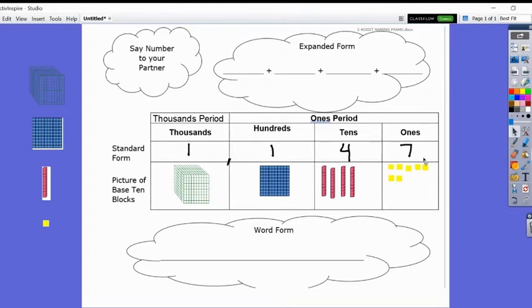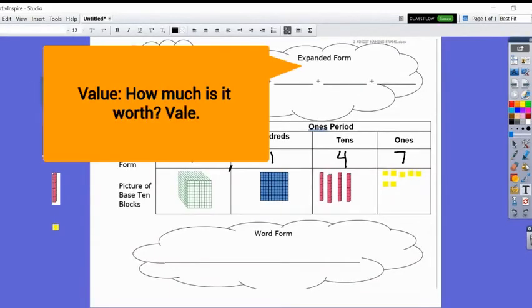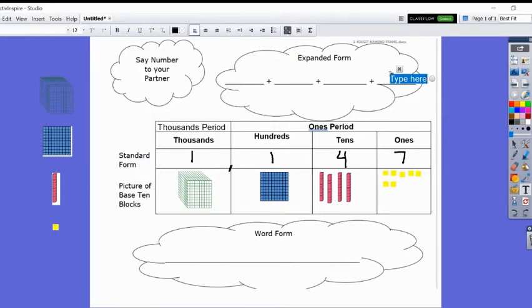Now we're ready for expanded form. Expanded form is going to be talking about the value. I want you to start at the ones place. Good. So how many ones do we have? Well, we have 7. What is the value of 7 units? 7.